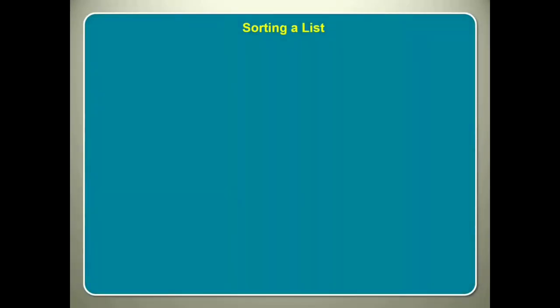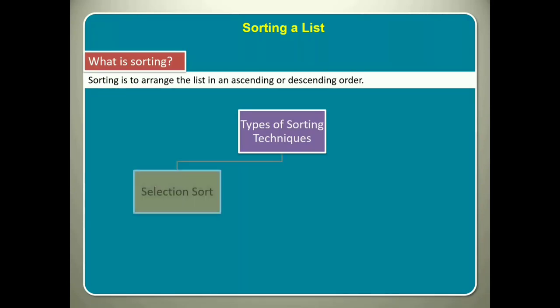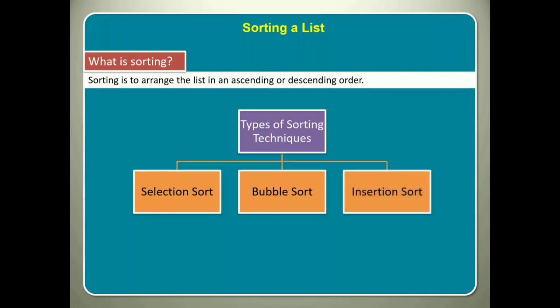Next, let us focus our learning on sorting a list. What is sorting? Sorting is to arrange the list in an ascending or descending order. There are 3 types of sorting techniques which are used to sort the list, namely Selection Sort, Bubble Sort, and Insertion Sort.